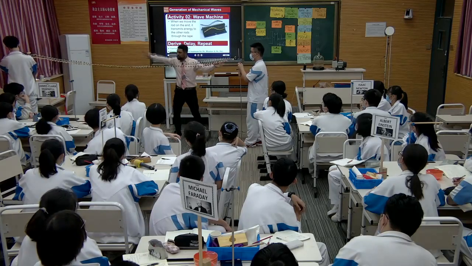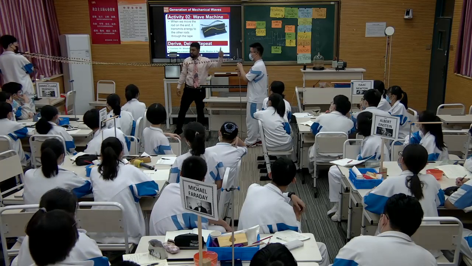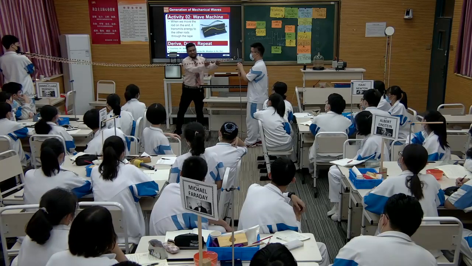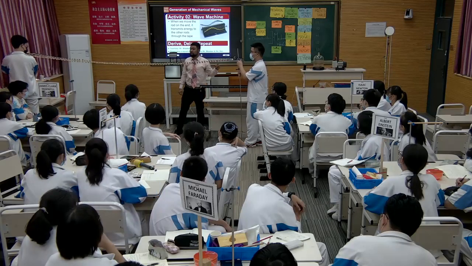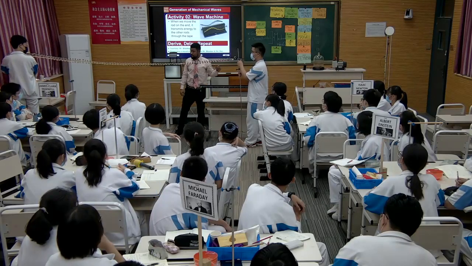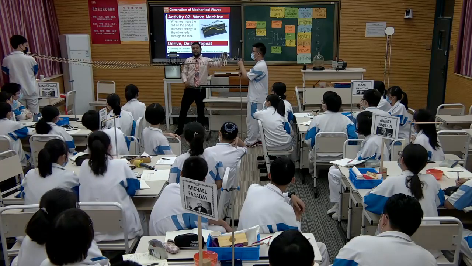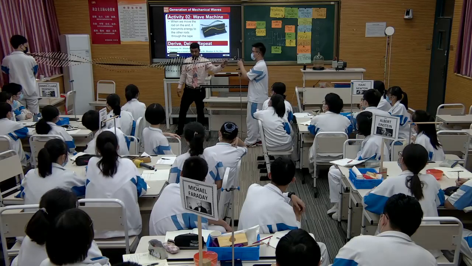So the energy is transferring, but the particles are not. The particles are just moving. If the particles are moving up and down, and the energy is going in the other direction, we can tell this is a transverse wave. As the key vocabulary: if the particles move up and down, but the waves go left to right, that is a transverse wave.